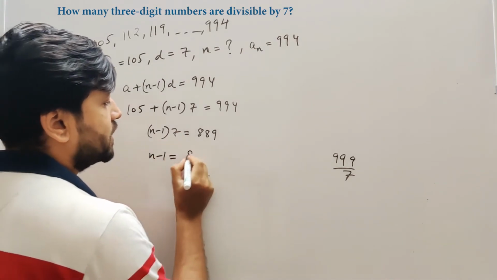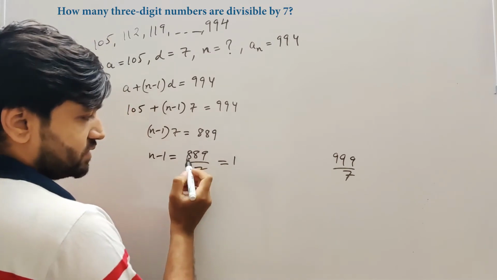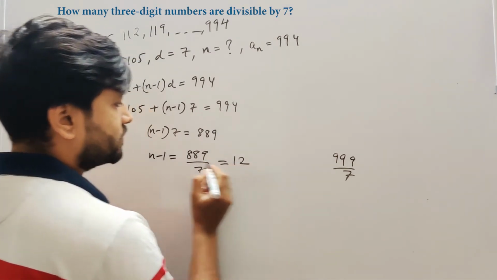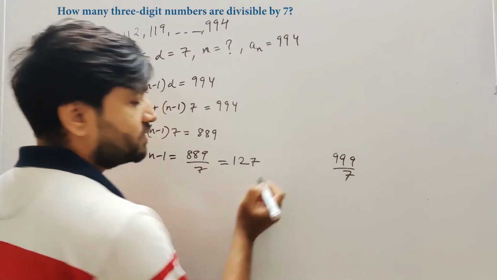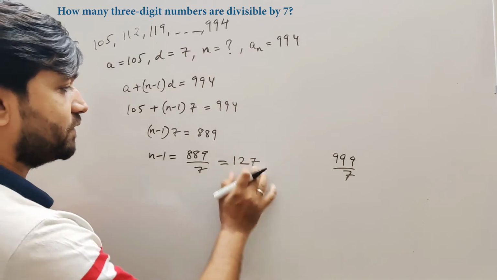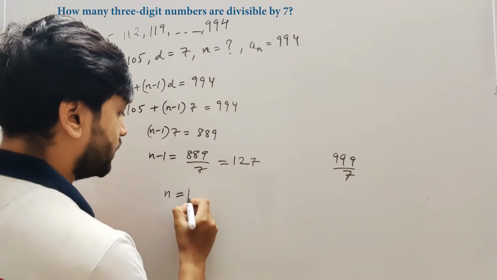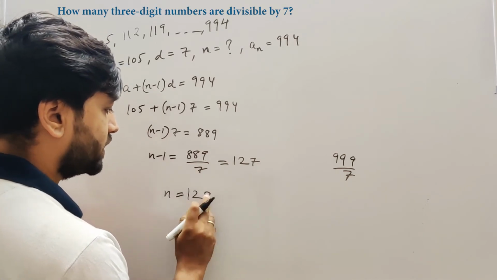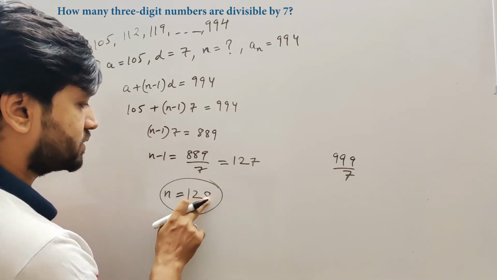So what do we get? n minus 1 is 889 by 7, which is 7 1's are 7, so 18. 18 means 7 2's are 14, 4 is the remainder, 49. 7 9's are 63... 7 7's are 49. Just a normal division. So n minus 1 is 127. So n becomes, minus 1 becomes plus 1, so we get 128 as the answer.